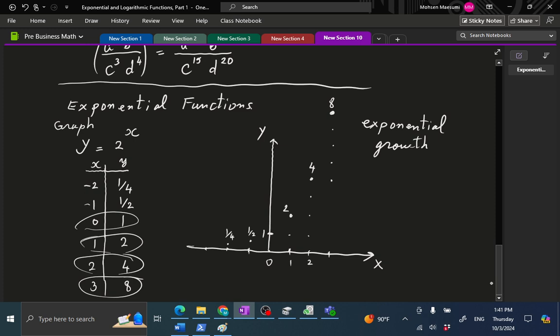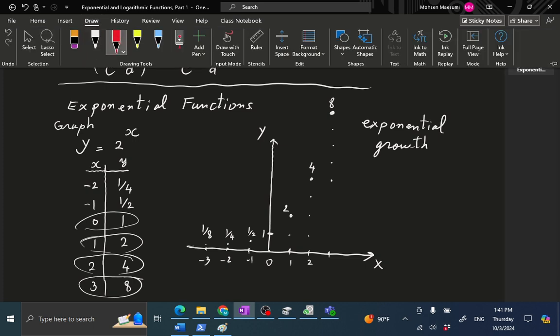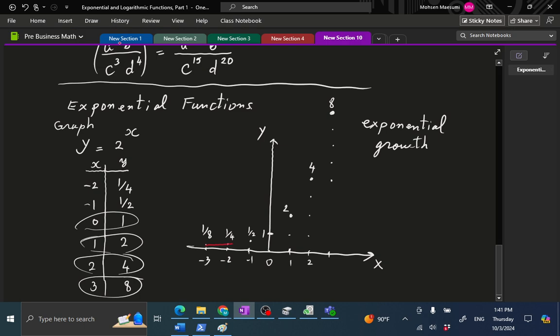If you go another step, -3, this is going to be 1/8. So if we go ahead and connect these things to each other, what do we get? We are filling in a lot of detail like that.